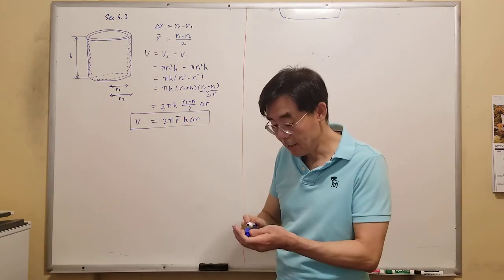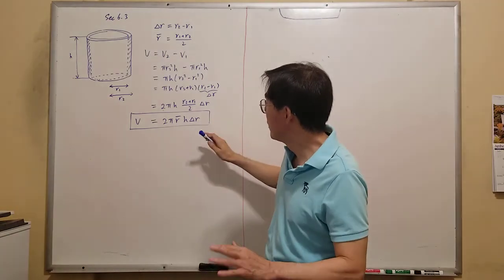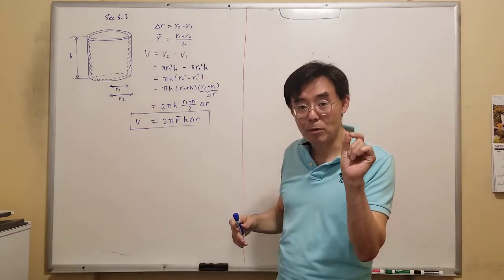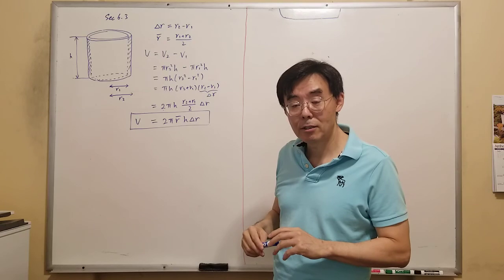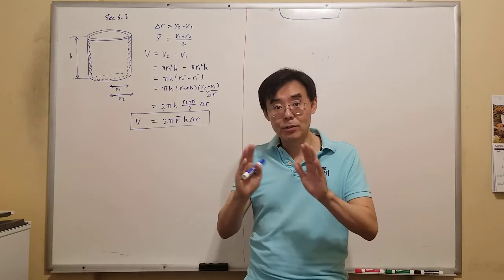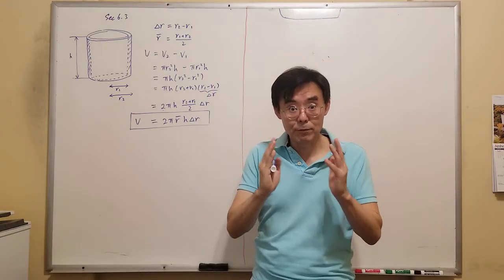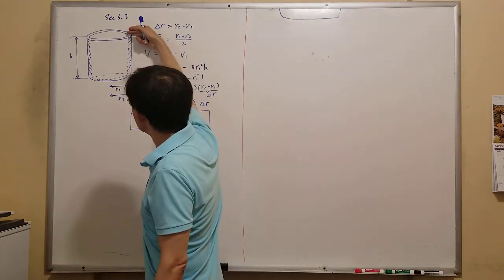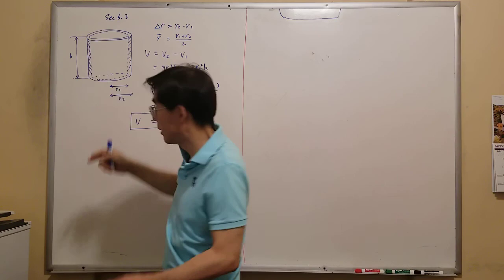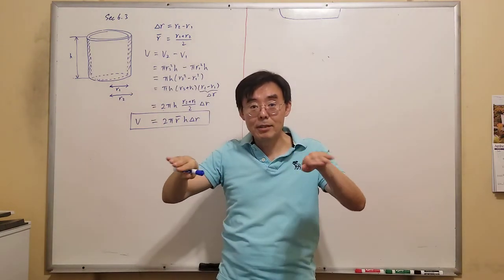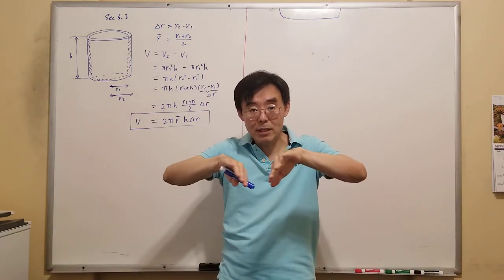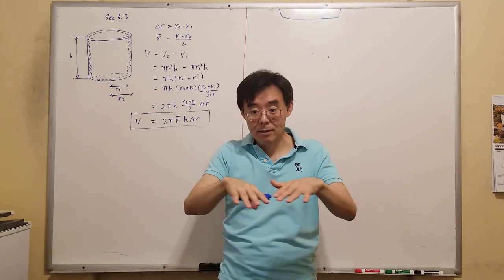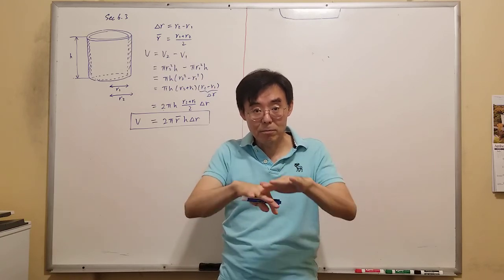Now imagine that delta R is very, very small, so it's a very thin cylindrical shell, just like the lateral surface of your can of food. If you cut vertically and unwrap, unfold, try to make a flat, thin rectangular plate.